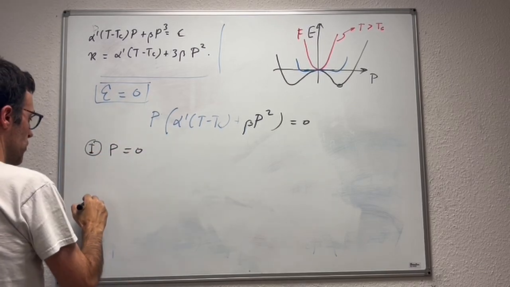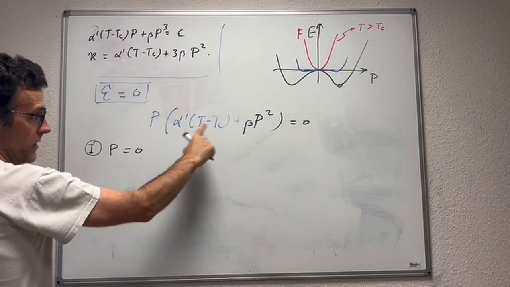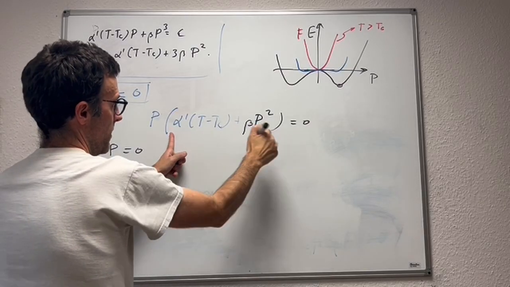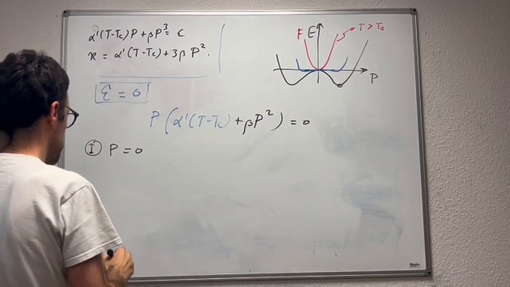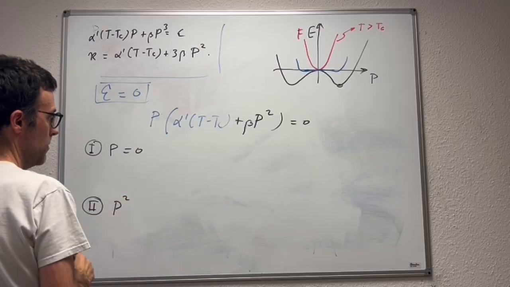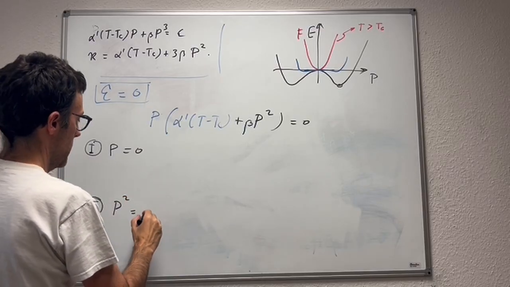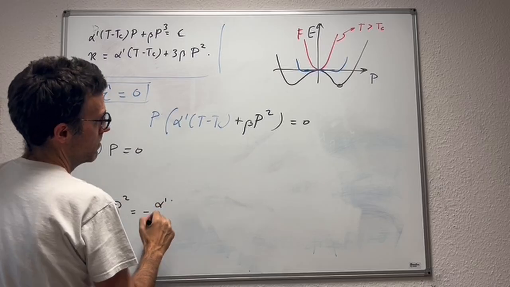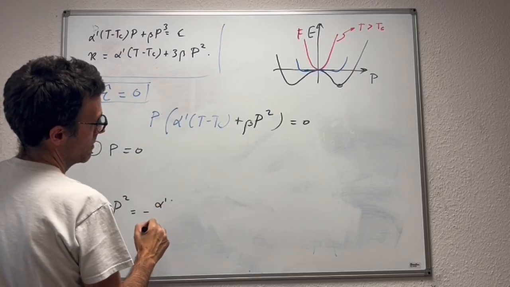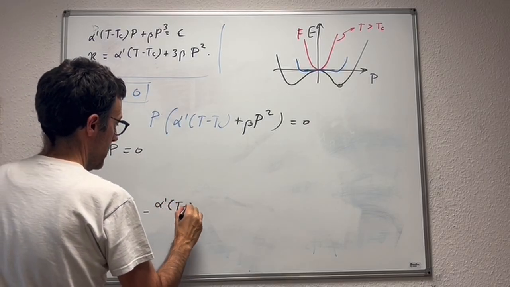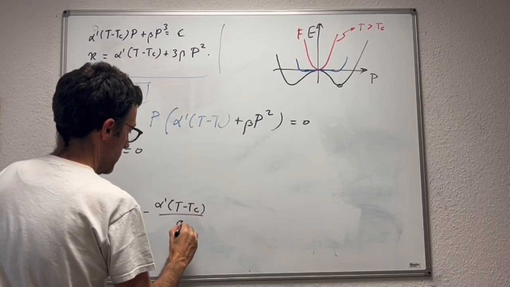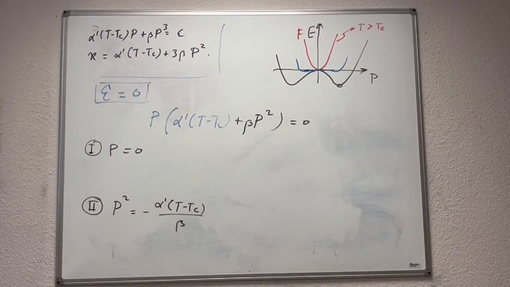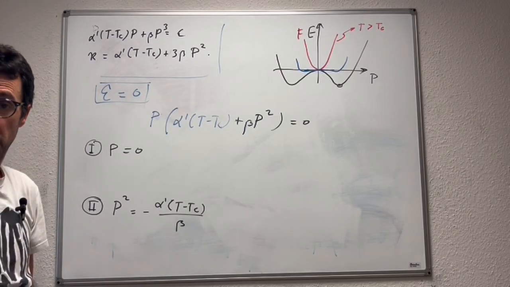And solution number 2 is the expression in the parentheses equal to 0. And the expression in the parentheses is 0 if P squared equals minus alpha prime (T minus Tc) over beta. Sounds good, right?